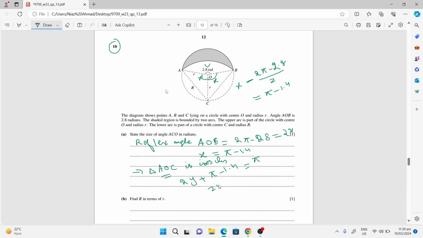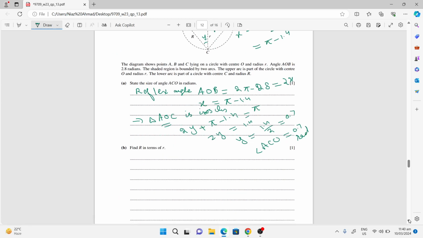So you can simply say 2y equals 1.4, and your y, that is your required angle, is 1.4 divided by 2, which is 0.7 radian, and your y is actually the angle ACO. So ACO equals 0.7 radian. So this was my approach to get our ACO angle.